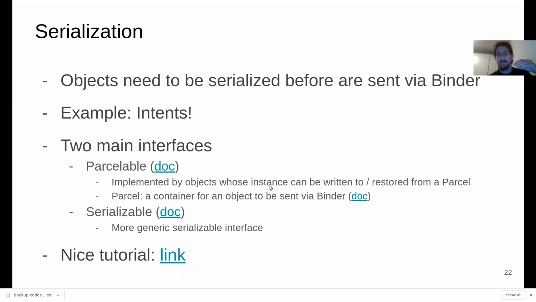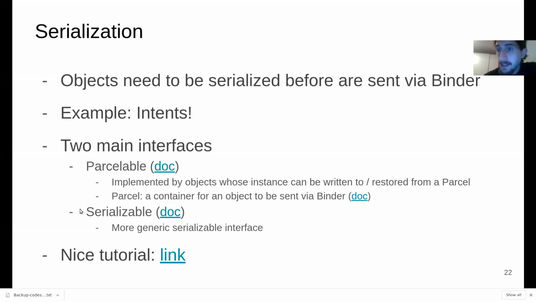You can say an object implements the parcelable interface if and only if there are methods that allow for writing this object instance to a parcel, which is another object, and reading from a parcel, and creating back the instance. And then the trick is that the binder knows how to send around this parcel. So somehow this parcel is already some kind of string of bytes, all right?